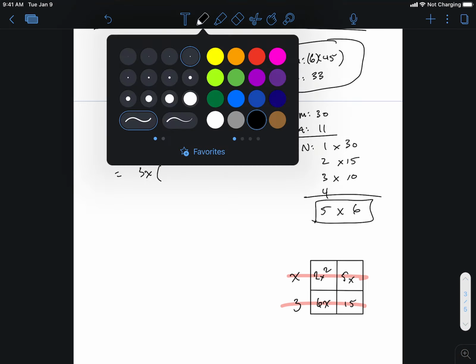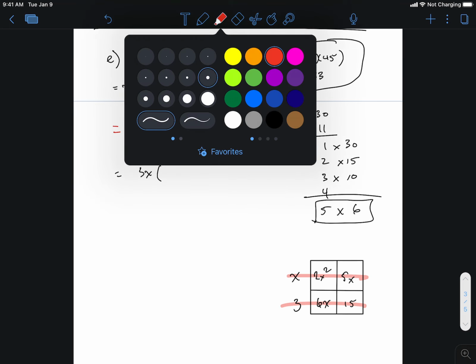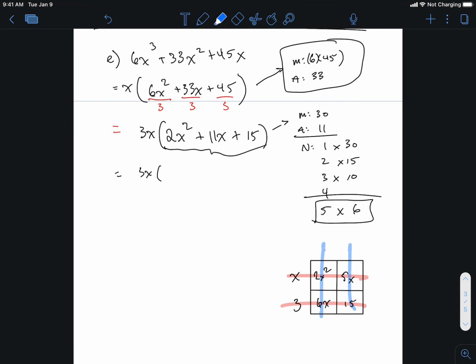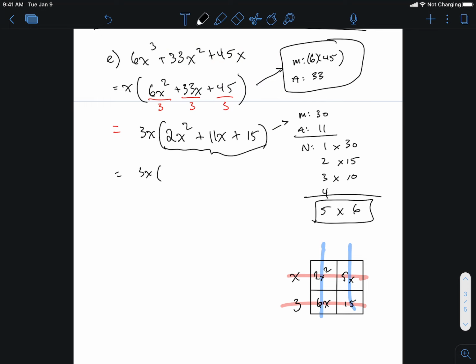Let's go vertical now. What's common between 2x squared and 6x? I could take 2. I can divide them both by 2.